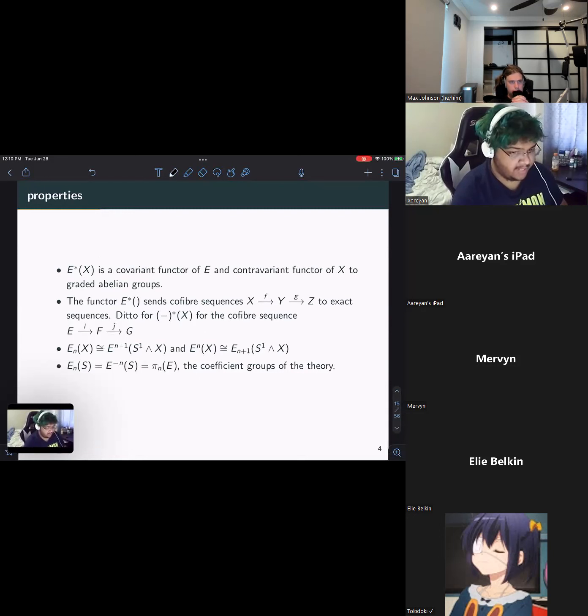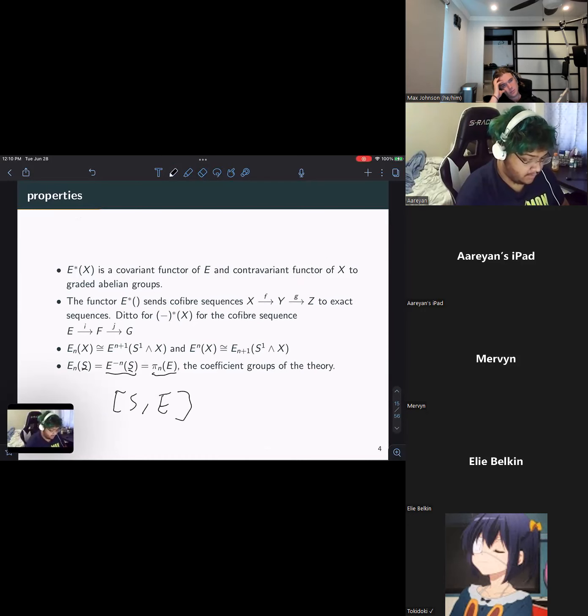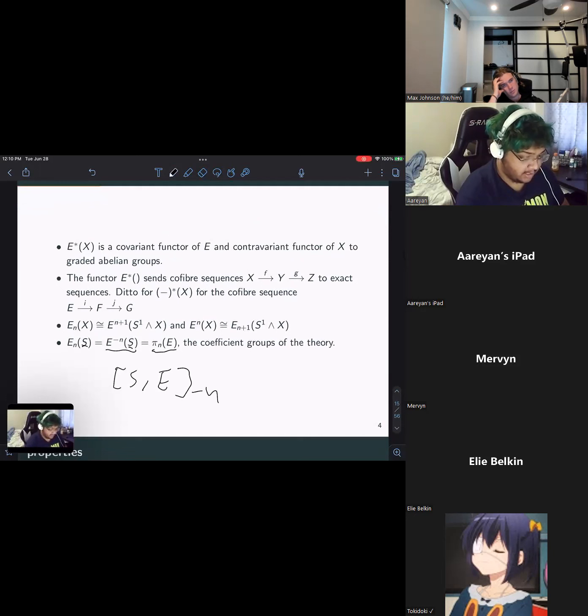And then the next thing is we define these things called the coefficient groups of my theory, and it's basically the homology or cohomology of the sphere spectrum. And also, wait, let me make a comment. Why is this pi_n E? So for example, this is quite simply the maps from S to E of degree negative n, or say positive n, because two negatives cancel out.